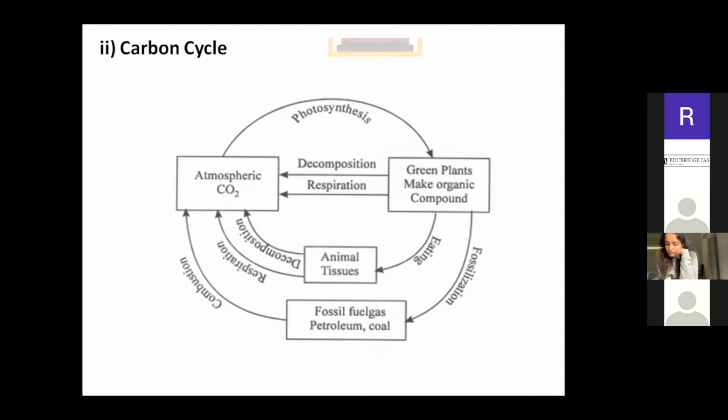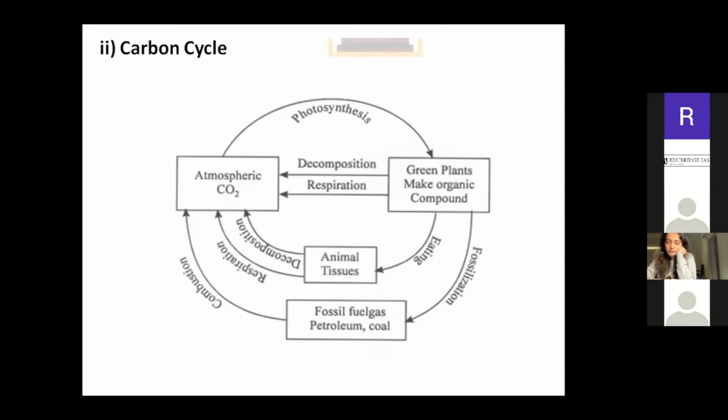Fine. So photosynthesis, respiration, decomposition. Apart from this, fossilization is also a process which converts the plant material, or the living organisms, into fossil fuels, and those fossil fuels can again be used through combustion, and through combustion of these fossil fuels, CO2 is again given back into the atmosphere.